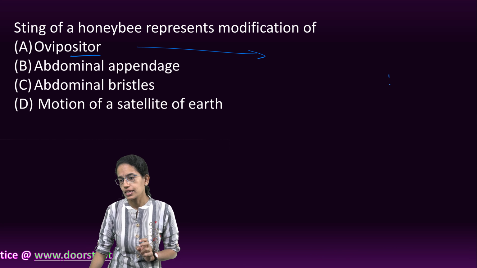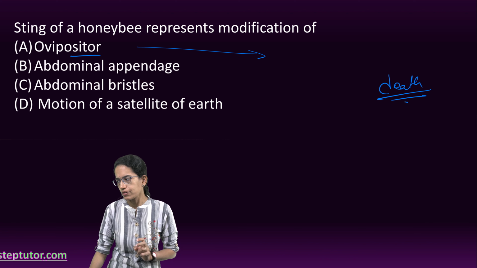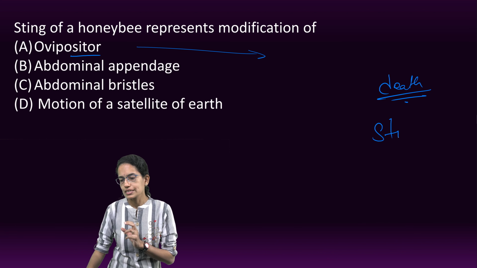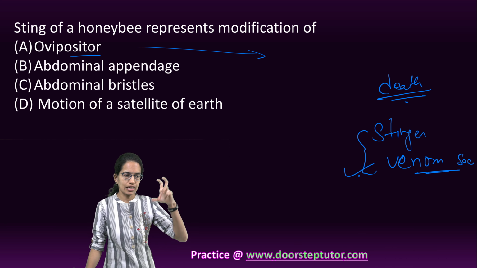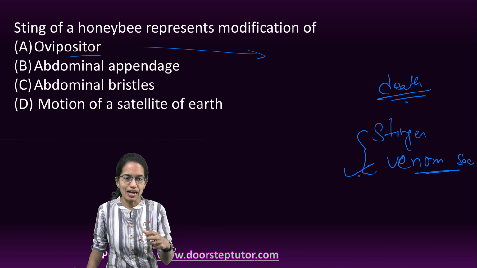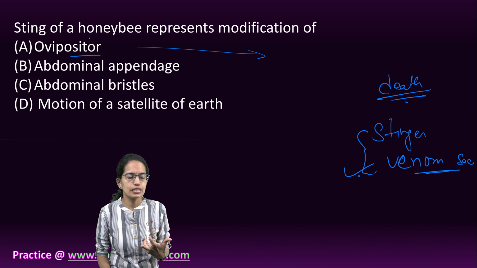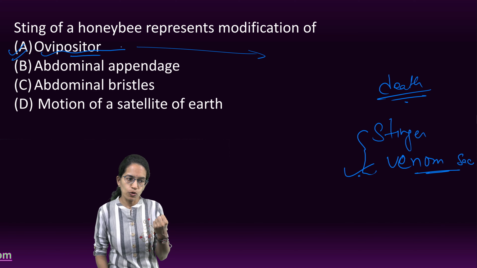This would result in the death of the honeybee. And why is it so? Because the stinger along with the venom sac are both ripped from the abdomen, and as soon as the sting happens, the honeybee actually dies. And this is therefore really important, and sting is a modification of ovipositor.